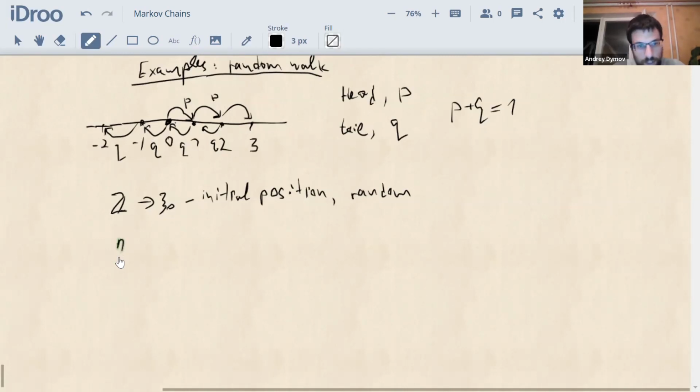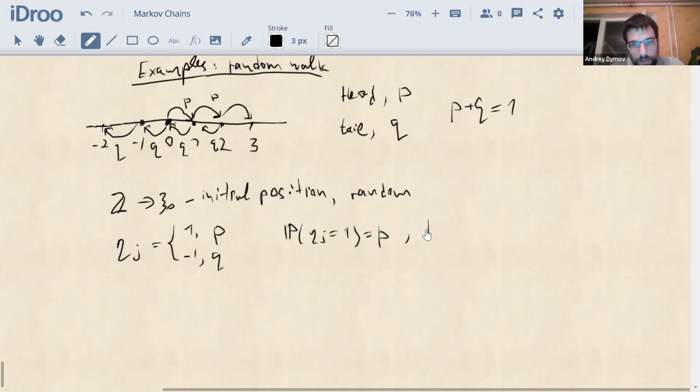So I have random variables eta_j, which equal 1 with probability P, if I have a head, and which equal -1 with probability Q if I have tail. Here I have written shortened notation for the following: the probability that eta_j equals 1 is P, the probability that eta_j equals -1 is Q, and all eta_j are independent.